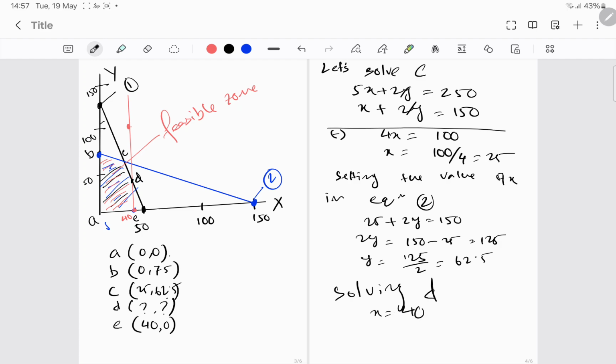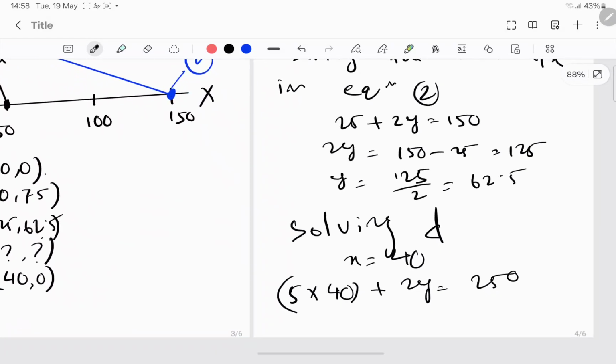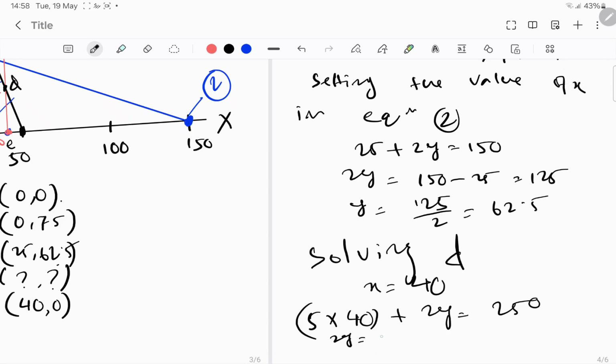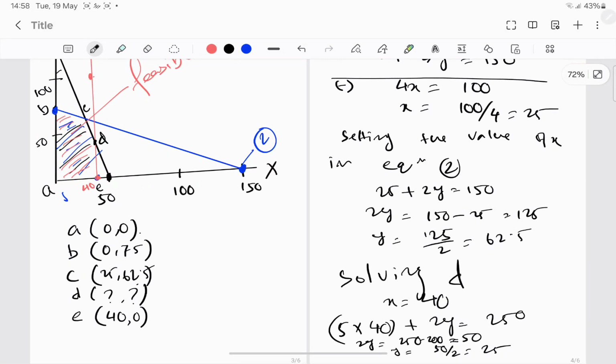So let's set the value of x in equation 1, which is 5 times 40 plus 2y equal to 250. 2y equals 250 minus 200, which is 50, and y equals 50 divided by 2, which is 25. So x is 40, y is 25.